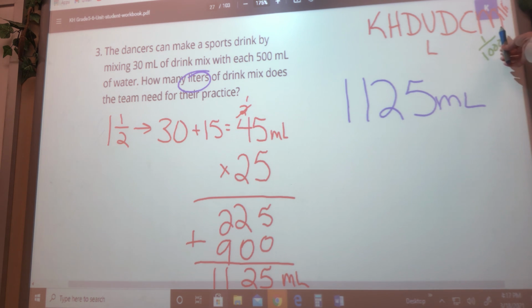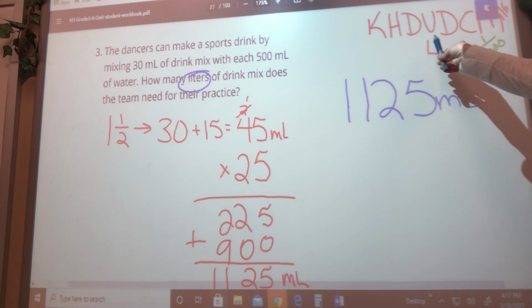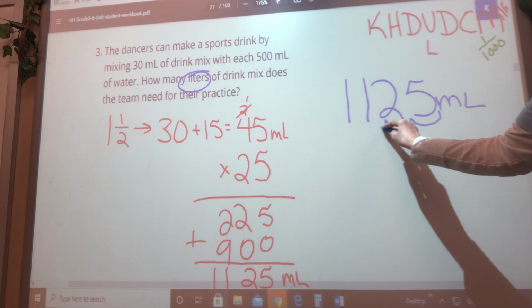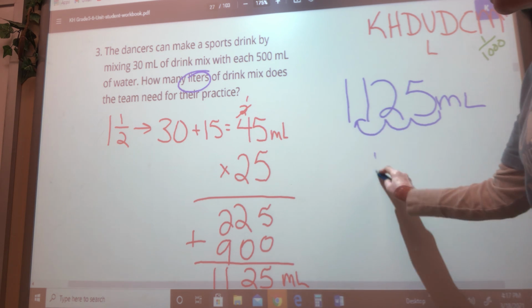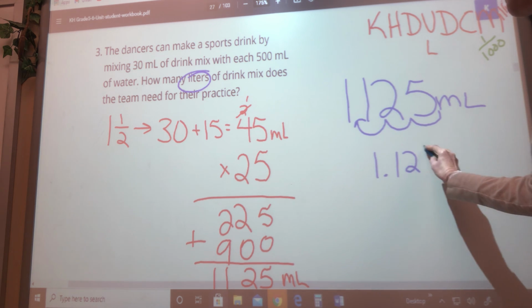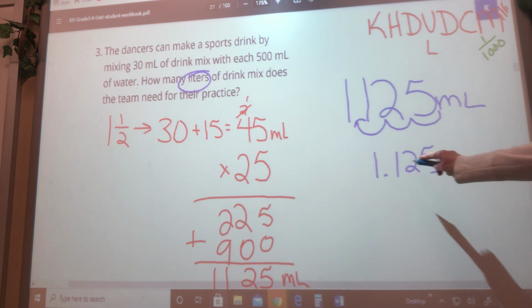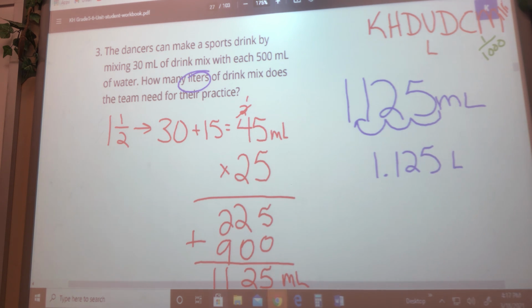So if we're at milliliters and we need to be here, that's 1, 2, 3 multiples of 10. So they would need 1.125 liters to make the drinks for practice.